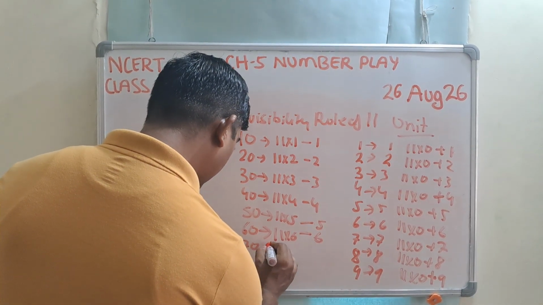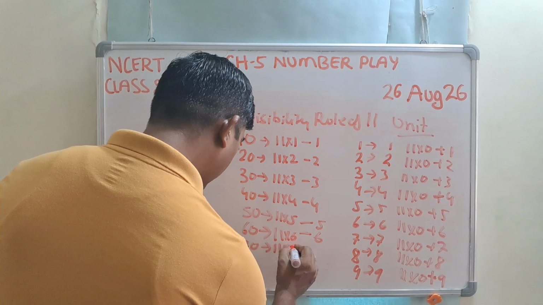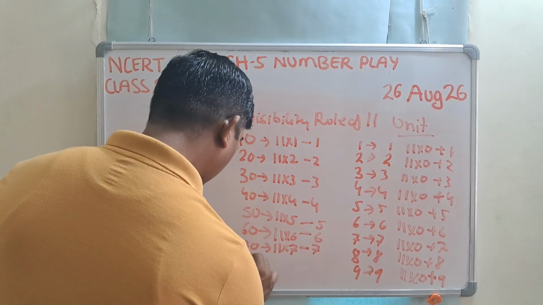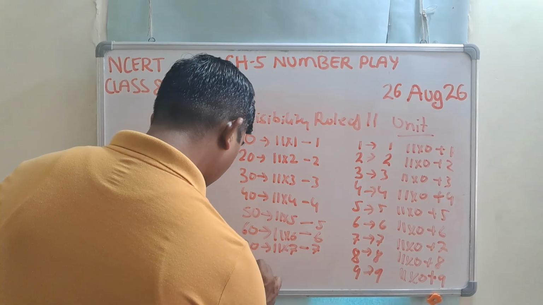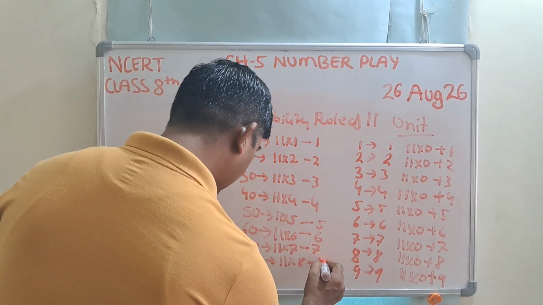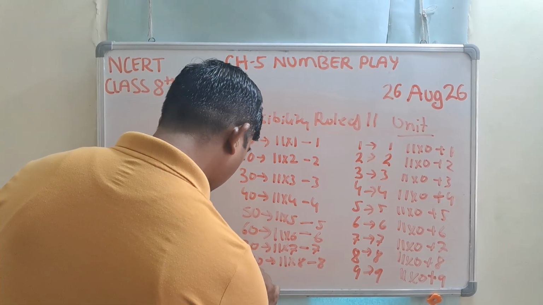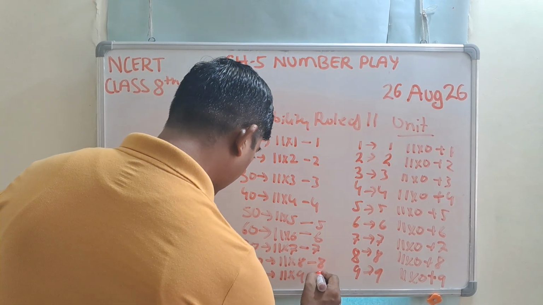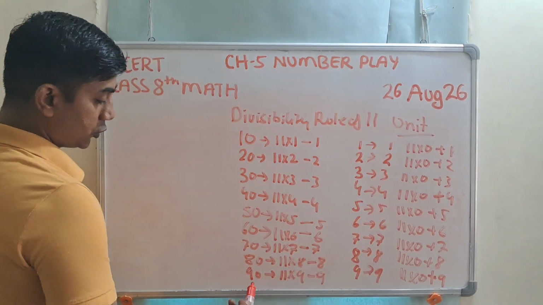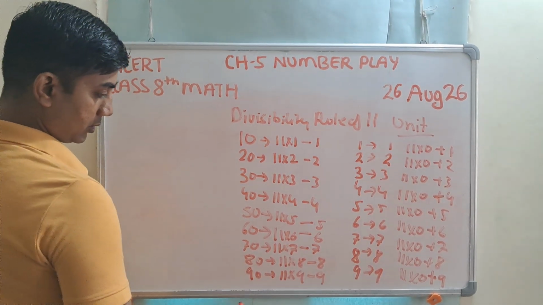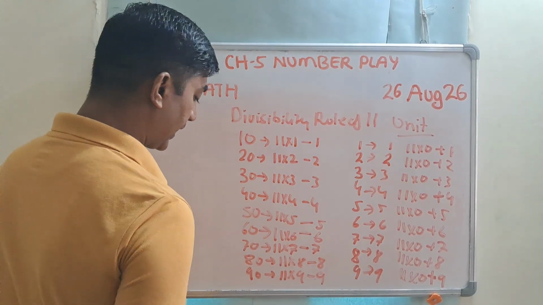In case of 70, 11 into 7 minus 7, in case of 80, 11 into 8 minus 8, and 90, 11 into 9 minus 9. Understood? You will obtain 90 when you subtract 9.